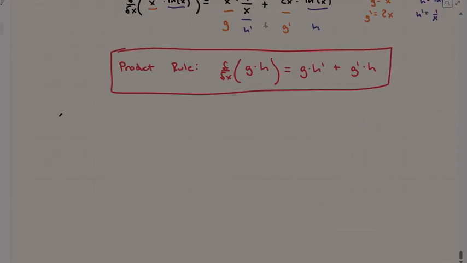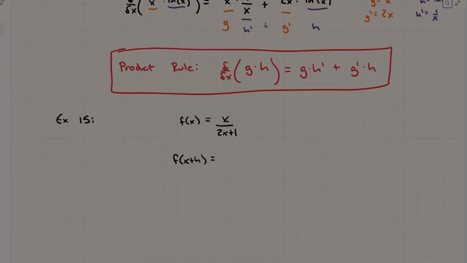Okay, example 15. Let's do the same limit method to find the derivative of x over 2x plus 1. All right, first of all, we got our f of x. What's our f of x plus h?